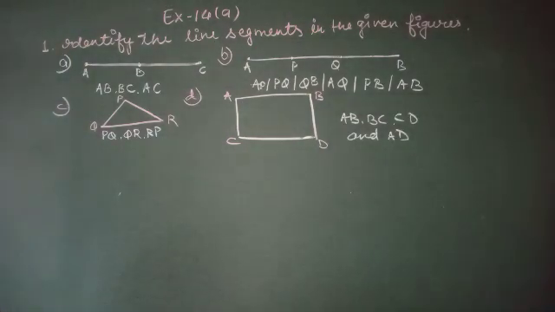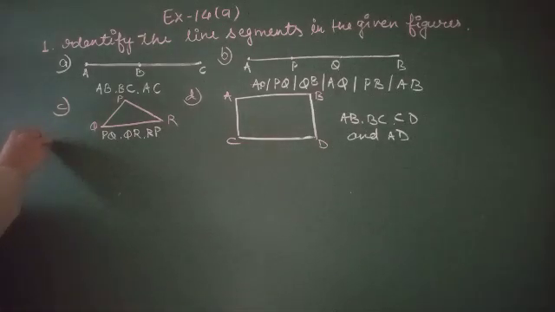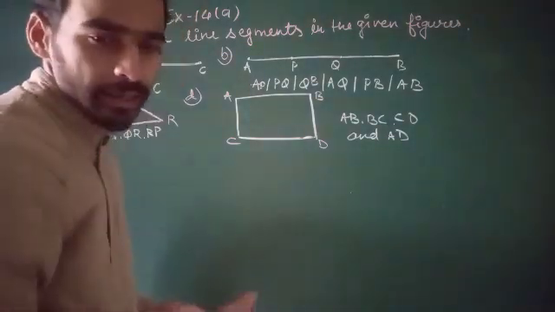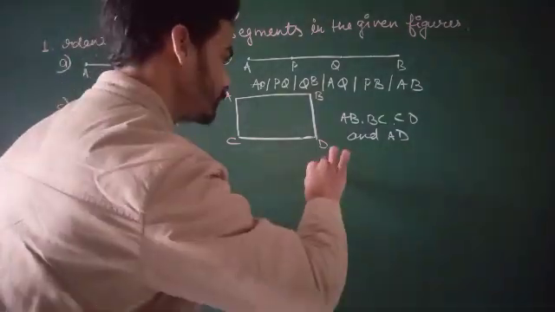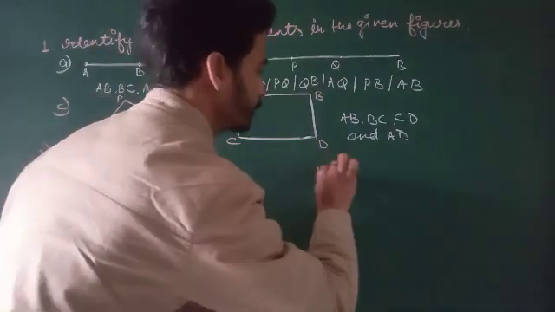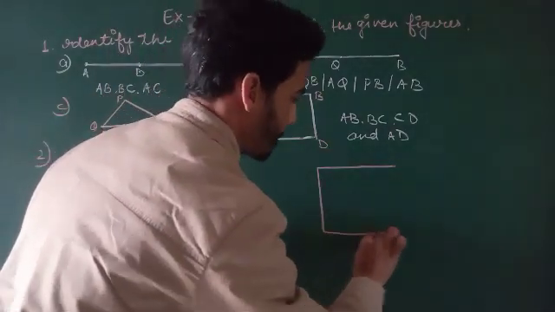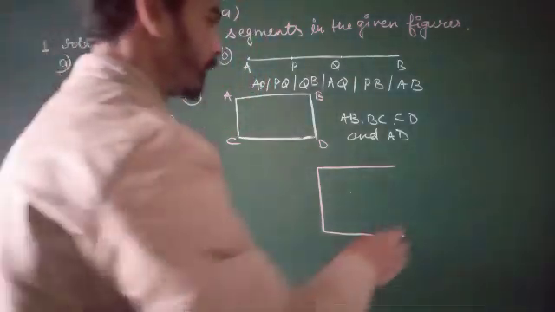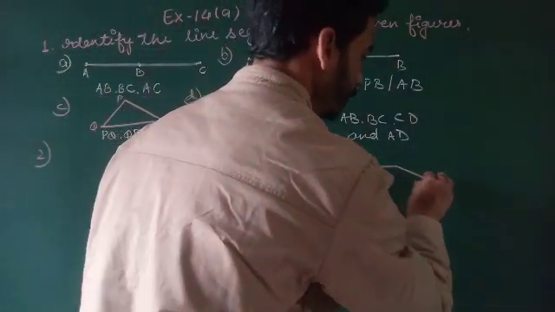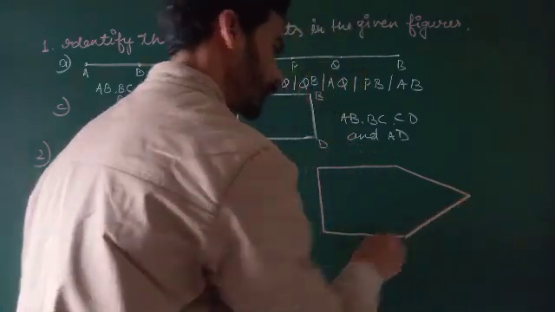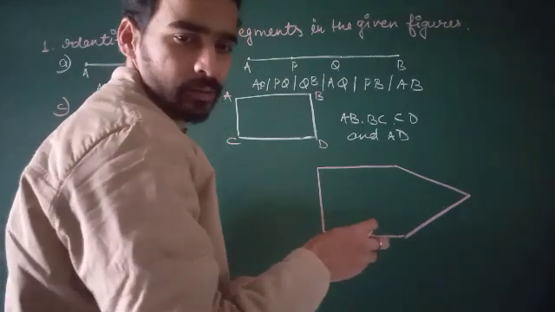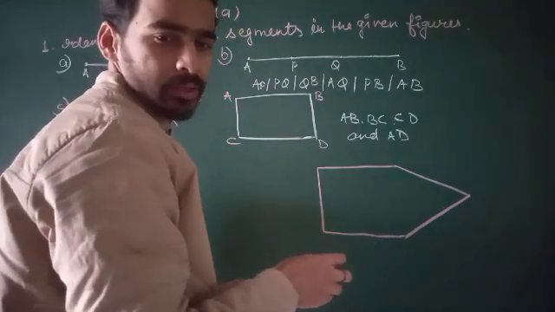Now come on the next question, that is question number 2. Identify the figure and answer the question. Firstly, I have to draw the figure. This is the figure, and now AD and AC.